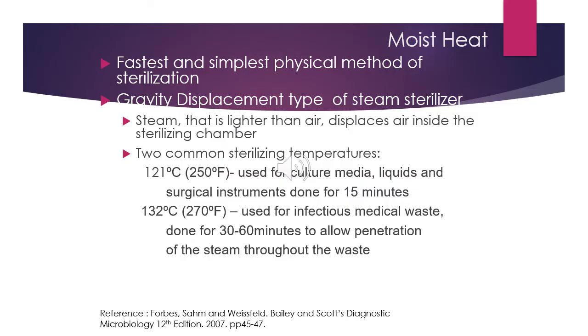As we all know, autoclaving is the fastest, simplest physical method of sterilization. Usually, the gravity displacement type of steam sterilizer is used. Steam, lighter than air, displaces air inside the sterilizing chamber.